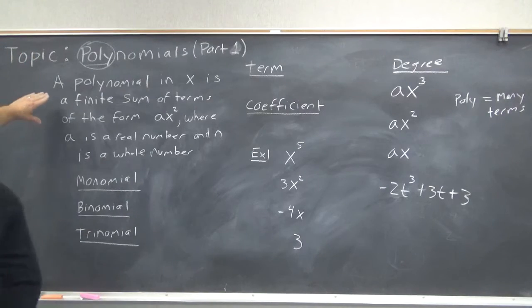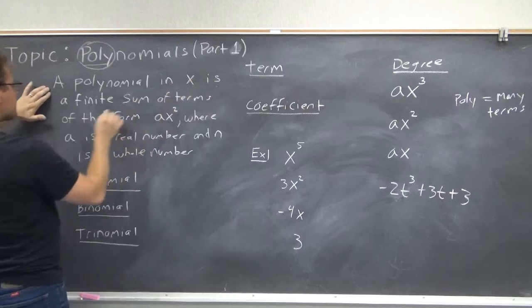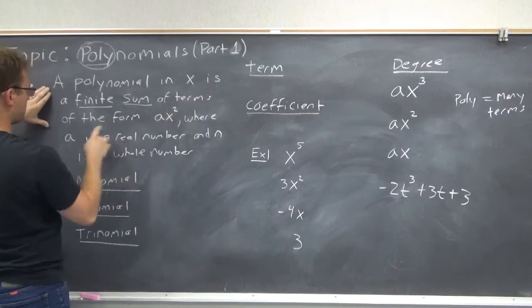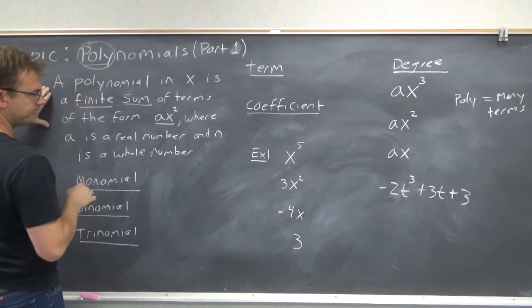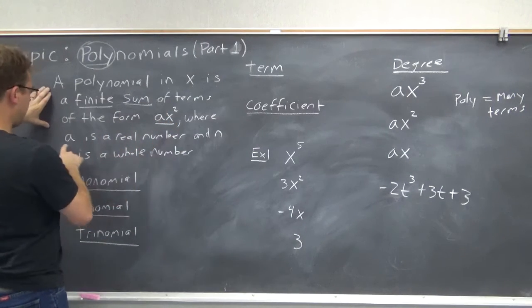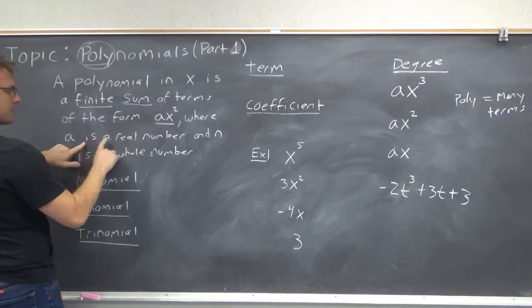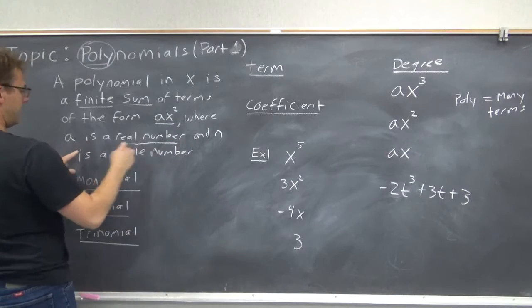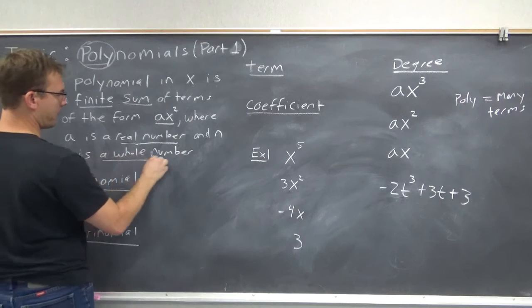So a polynomial in x is a finite sum of terms of the form ax^n, where a is a real number and n is a whole number.